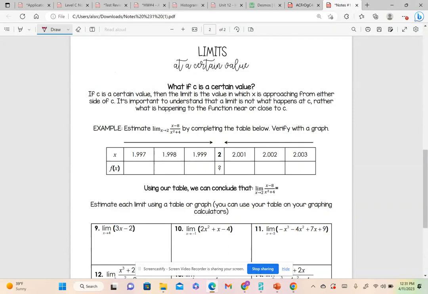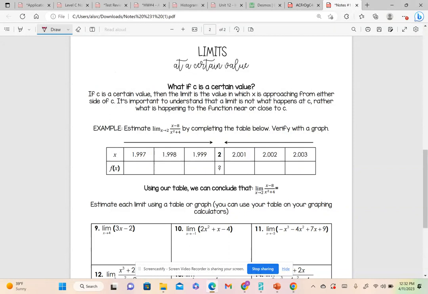So what's going to happen now is you're going to use your table and you're going to use your calculator a lot for this. Okay, you guys are really lucky. When I first started doing limits when I was in high school, we had to plug and chug. We didn't have a table for anything. Okay, what we're going to do is find the limit of this gross function as we approach what number?